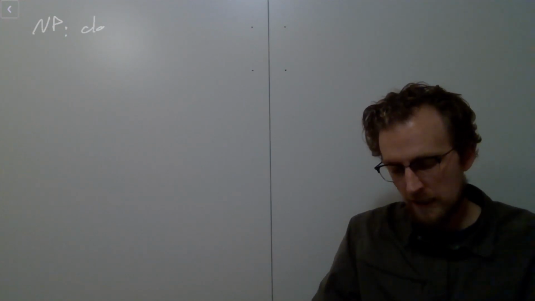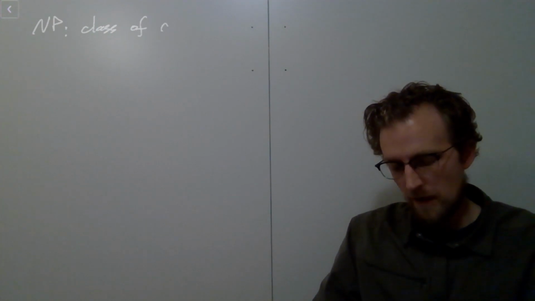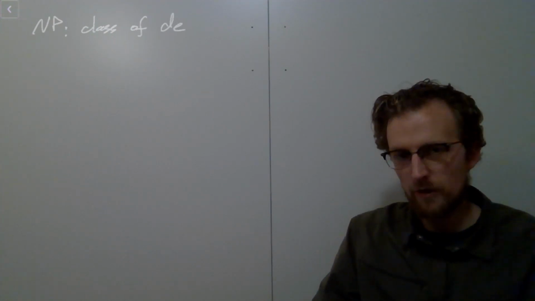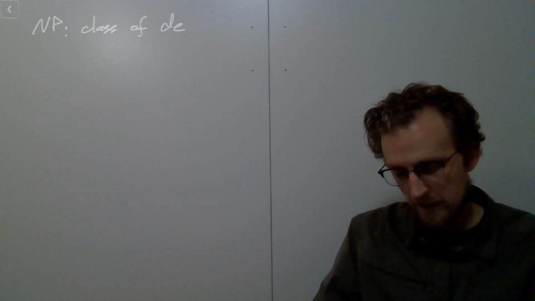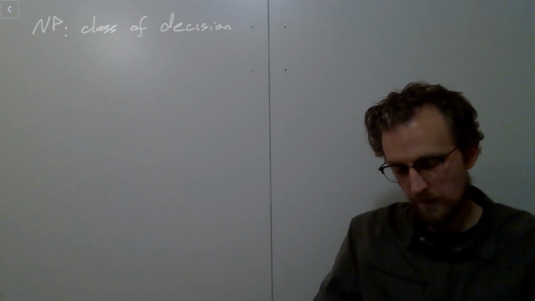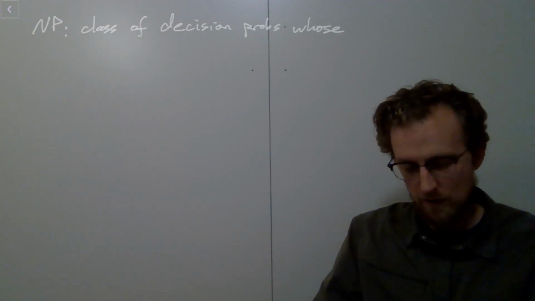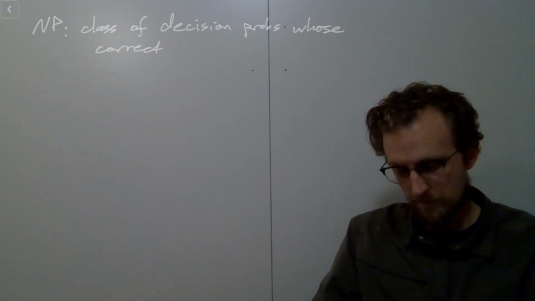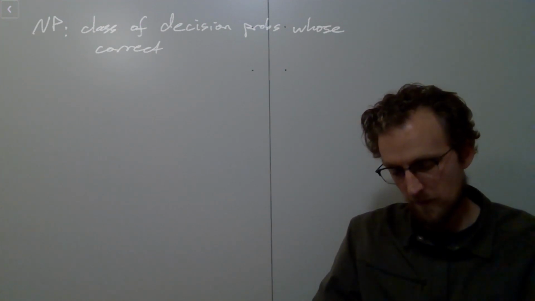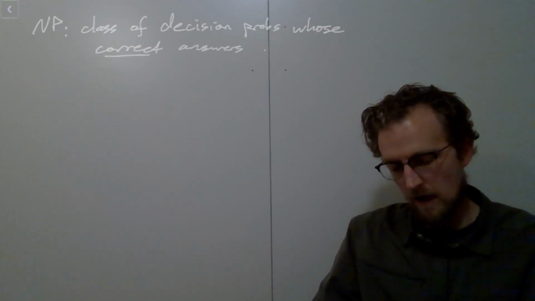So this is the class of decision problems that also have a certain kind of polynomial algorithm, but it's not an algorithm that solves them from scratch. It is the class of decision problems whose correct answers can be verified in polynomial time.